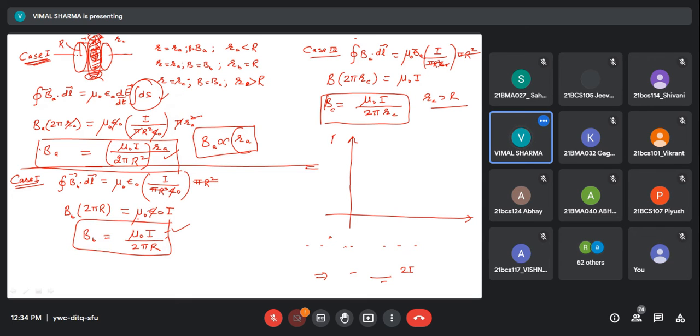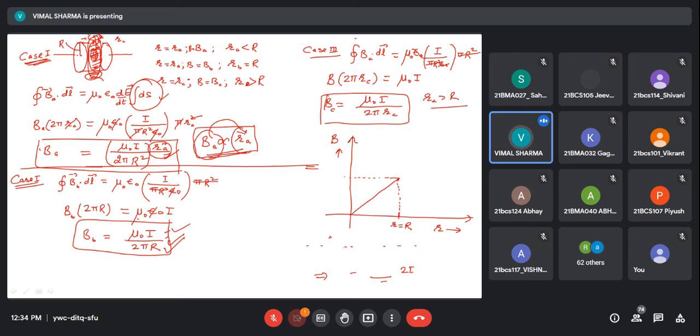so magnetic field varies with r. As we move away, you see up to r equals R, it is directly proportional, magnetic field is directly proportional to r. So it is a straight line graph up to this, and after that we see, at r equals R, we have this expression for magnetic field.